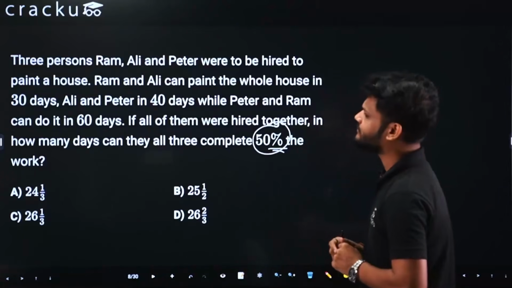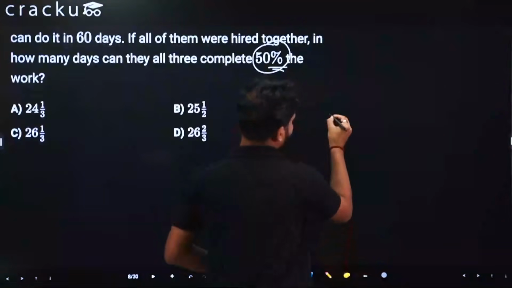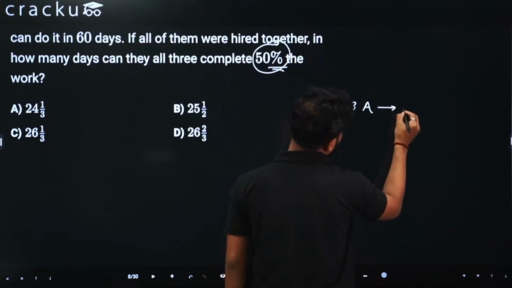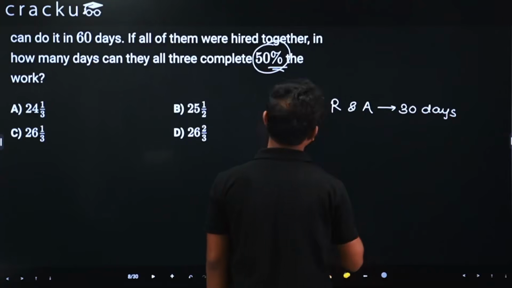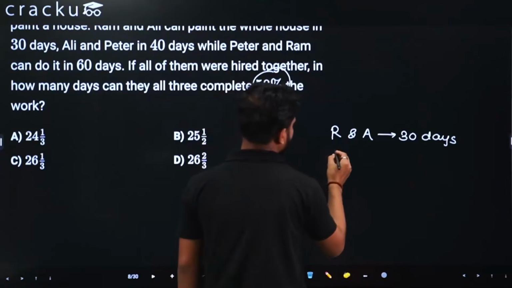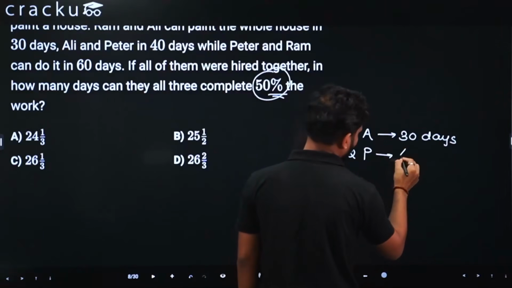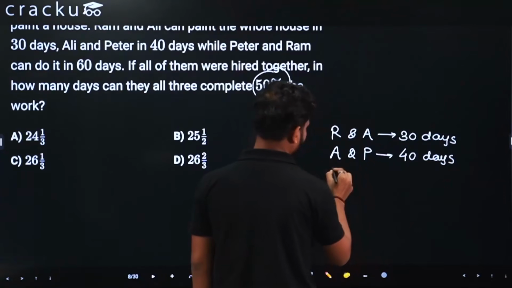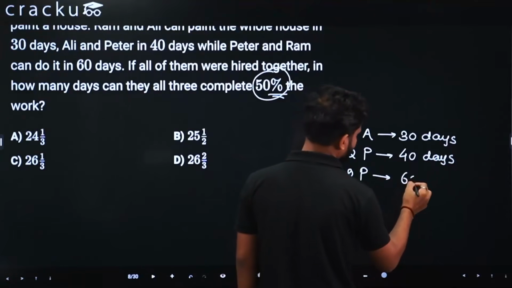So it is given Ram and Ali can paint the whole house in 30 days. Then Ali and Peter can do it in 40 days. And Ram and Peter can do it in 60 days.